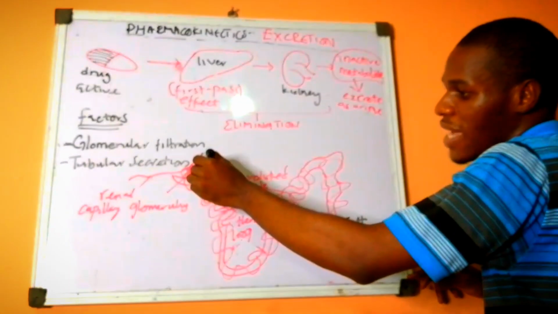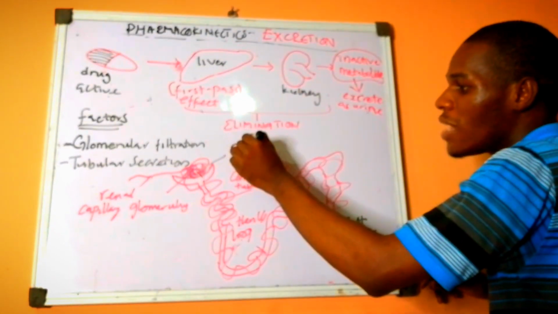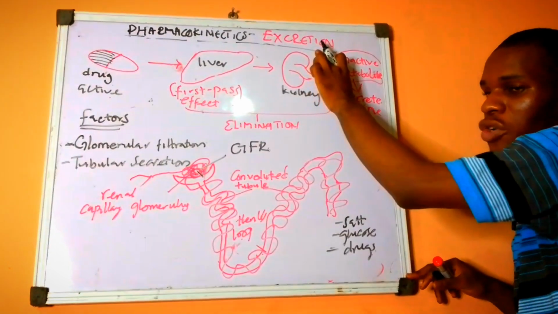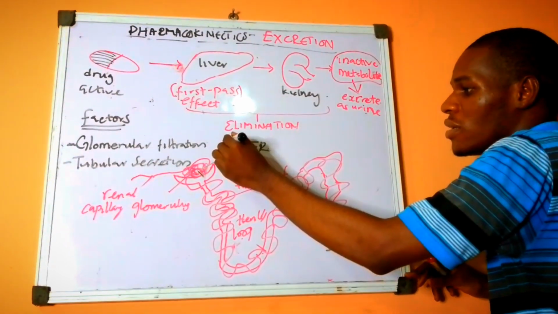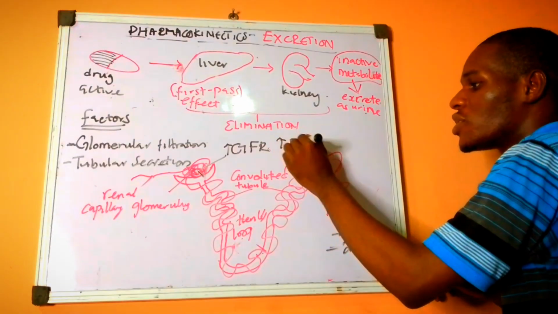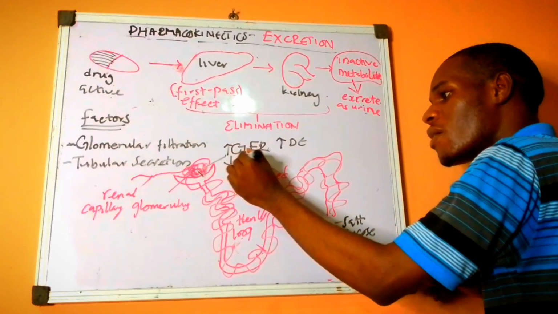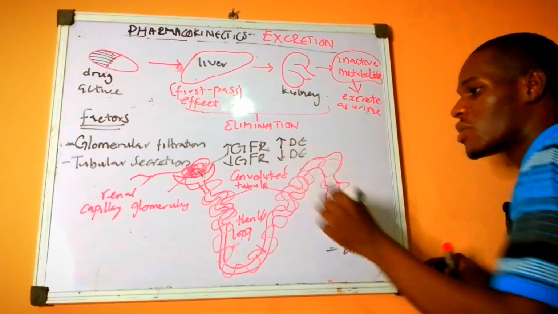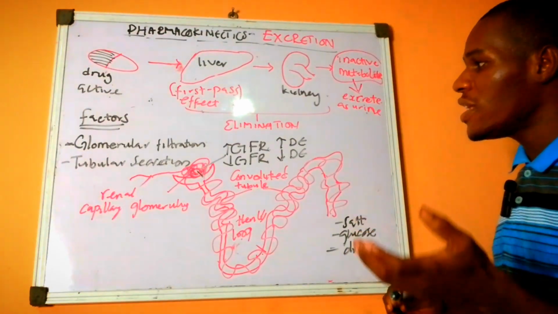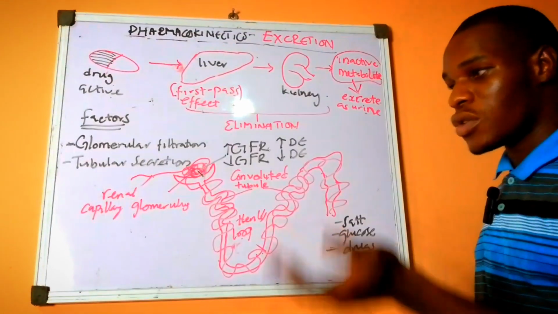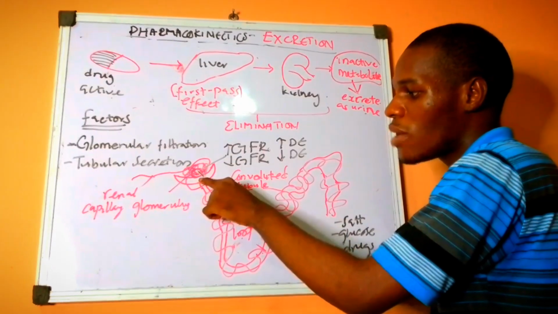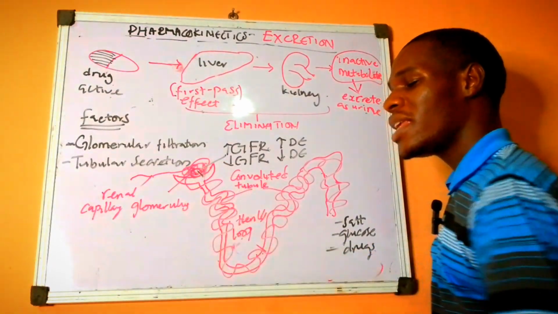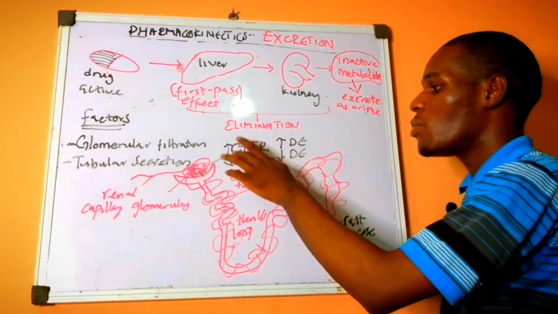Now, if there is a high glomerular filtration rate, there will be high drug excretion. If there is a low glomerular filtration rate, there is a low drug excretion. Most times there are kidney disease conditions that can affect the glomerulus, that can cause an inflamed glomerulus. It can cause any kidney issues that can affect the glomerular filtration rate.